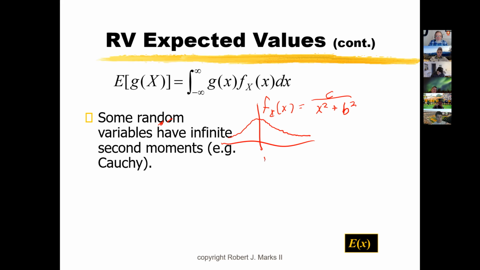The first moment of the Cauchy, x bar, is equal to the integral from minus infinity to infinity of x times c over x squared plus b squared.